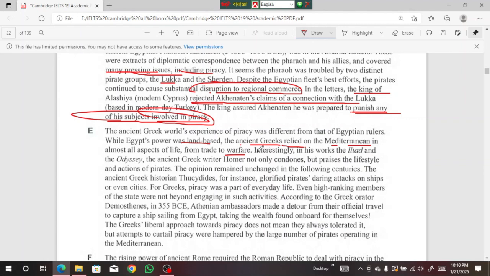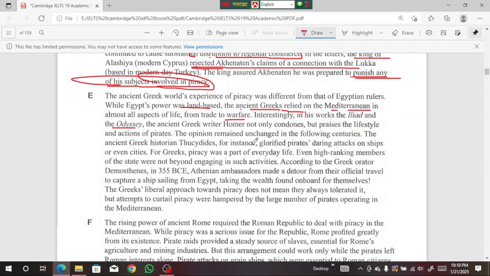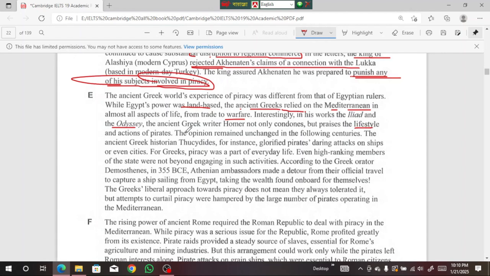The Iliad. Interestingly, in the Iliad and the Odyssey, the ancient Greek Homer not only condenses but parodies the lifestyle and actions of piracy. We don't find anything here.